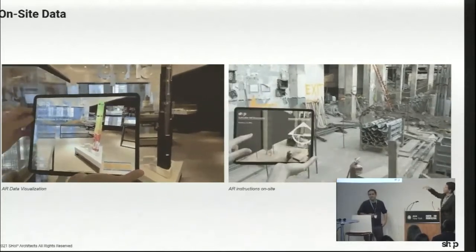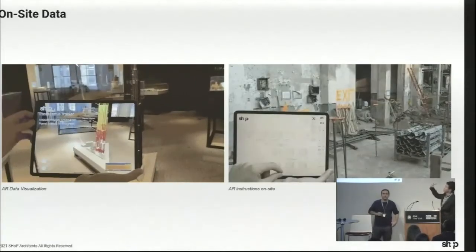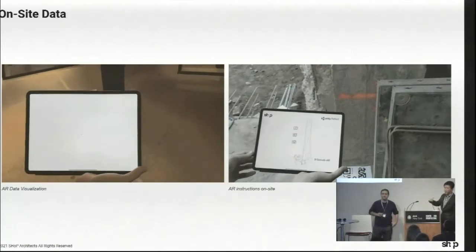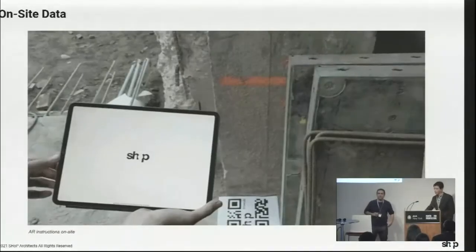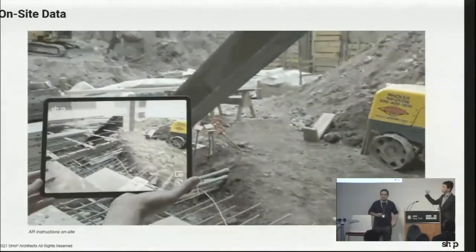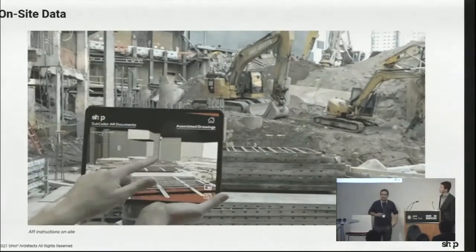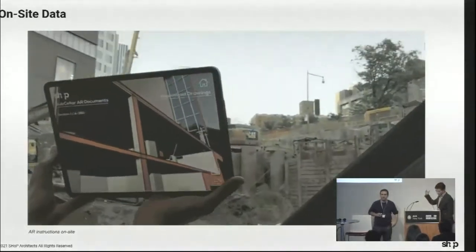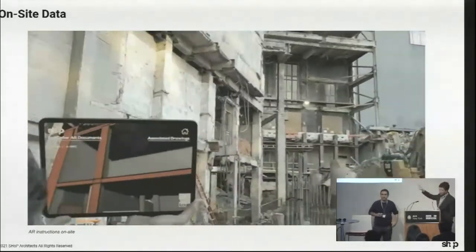And on the right-hand side, we're trying to break down the barrier between us, the architects, and the contractors and the owner and the different stakeholders. And then this is to elaborate on that.